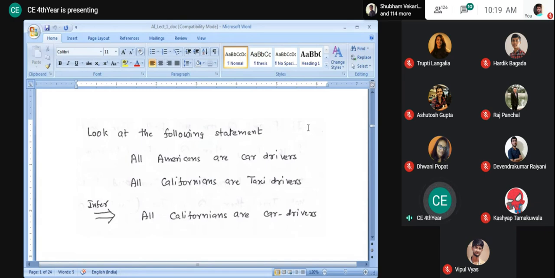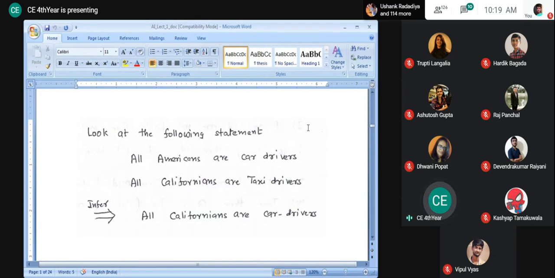All Californians are Americans. The given statements are all Americans are car drivers, all Californians are Americans. We can deduce or infer that all Californians are car drivers. This is our deduction or inference, which means finding out new knowledge from the existing one. The process of doing this is called inference or deduction.